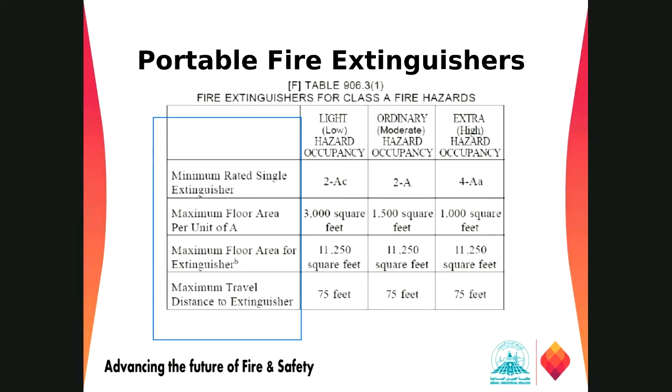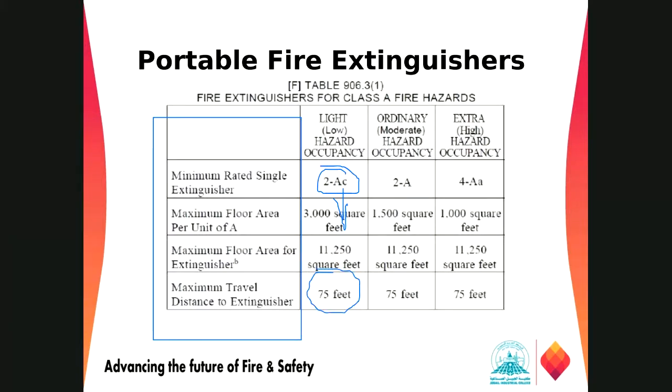For light hazard occupancies, the minimum rating is 2A, meaning around 9.5 liters of water, mainly water. It can protect a maximum floor area of around 3,000 square feet, the maximum floor area per extinguisher is 11,250, and the travel distance is 75 feet.